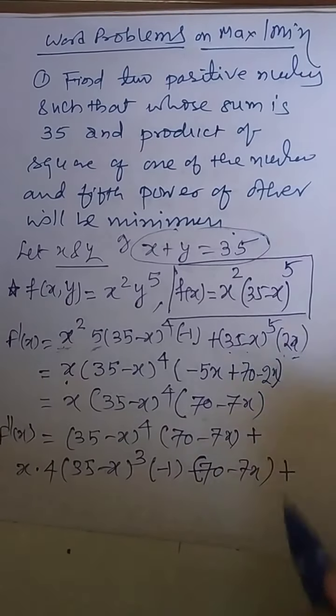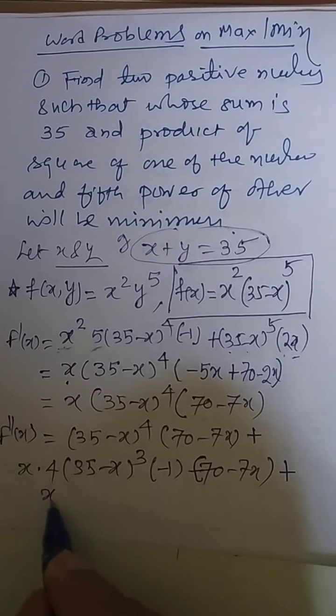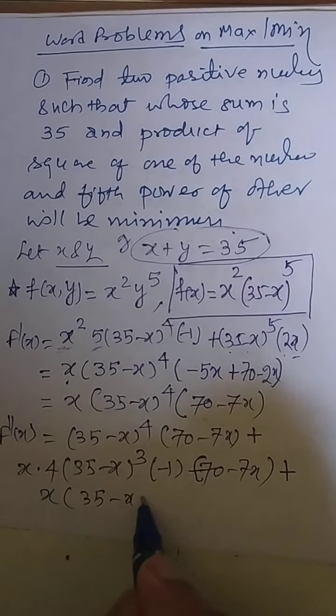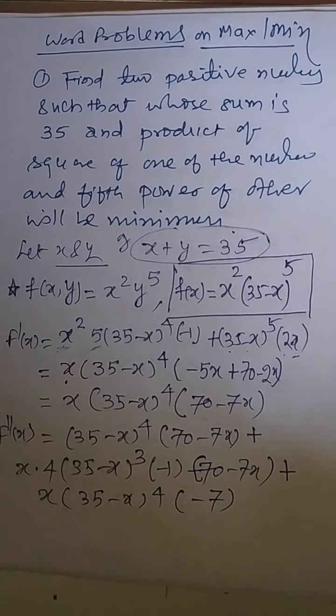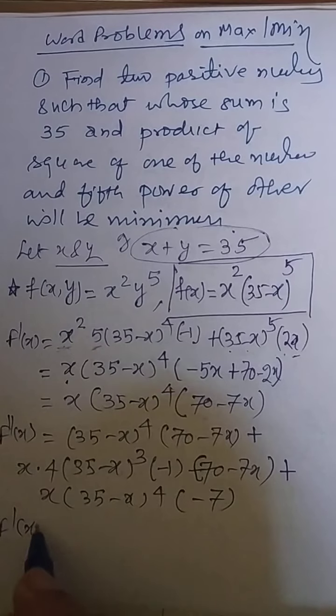Now plus one more term will come: x as it is, 35 minus x raised to power 4 as it is, and over here you will get minus 7. Now the next step is f dash of x equal to 0.